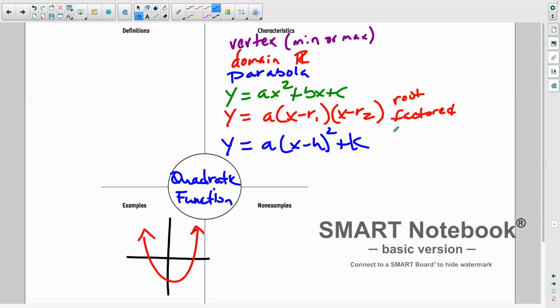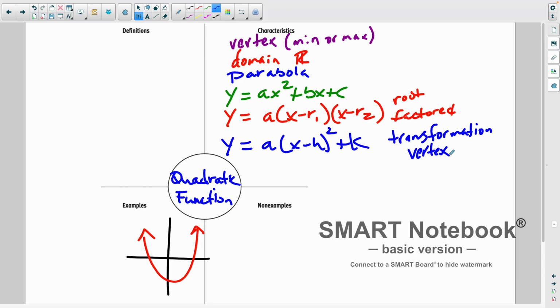This is transformation form, or this is also called vertex form, because it gives me the vertex. x minus h, plus k. The red one, r, that's root 1 and root 2. Okay. All right. So there's the way that we could write it.